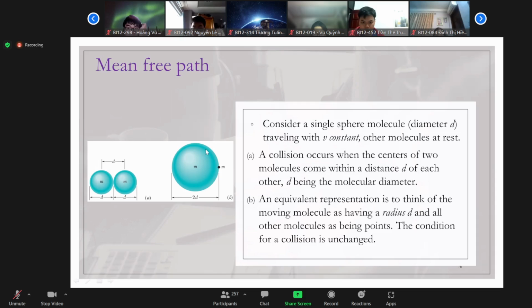Okay, we consider one big molecule. The condition for a collision is unchanged. What are we going to do with this big molecule?